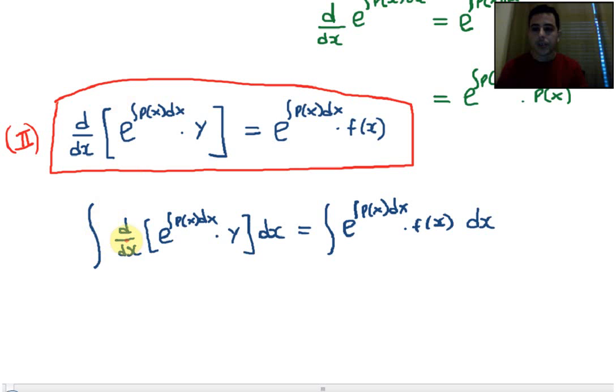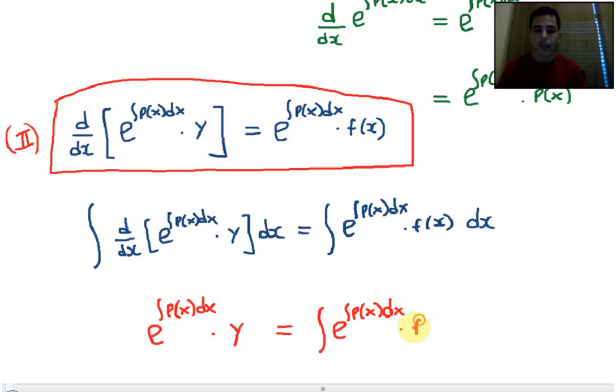Then the integral and the derivative cancel because you're integrating with respect to x a derivative with respect to x. So what you have on this side will be e raised to integral p of x dx times y equals the integral on the other side, e to the integral p of x dx times f of x dx. And then there's always a constant c, okay?